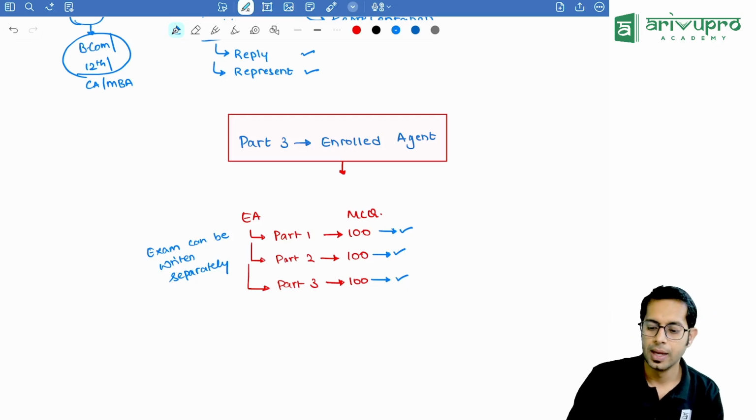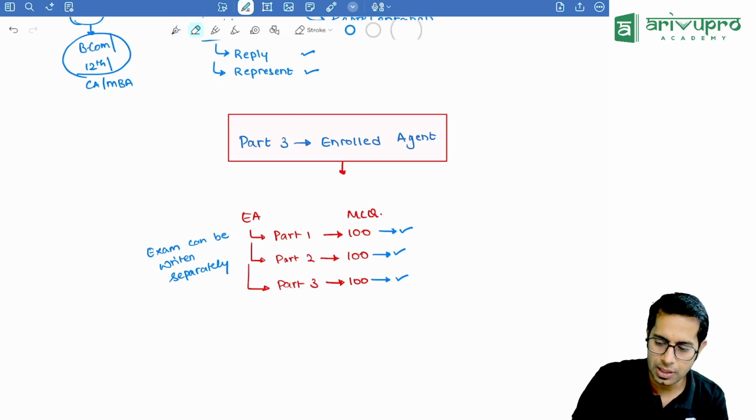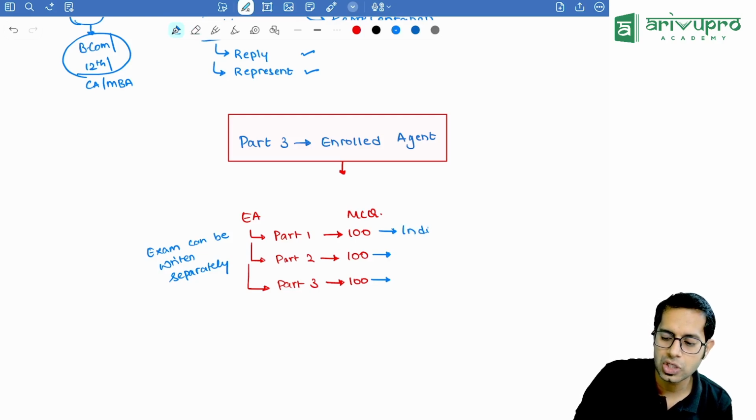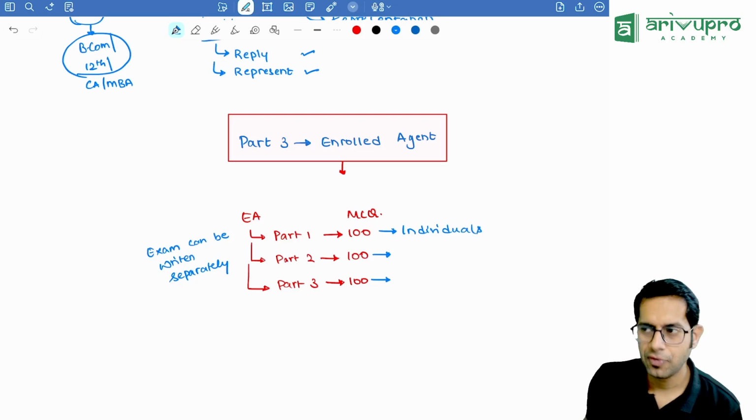Now, in part 1, what am I going to study about, sir? In part 1, you are going to study computation of tax liability, forms applicable, and due dates applicable for individuals.